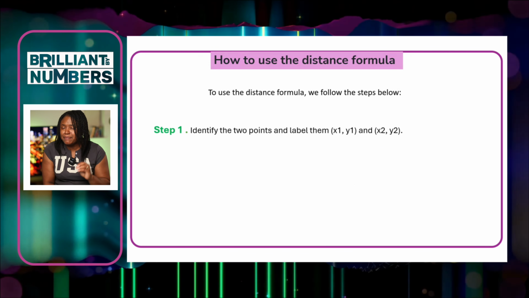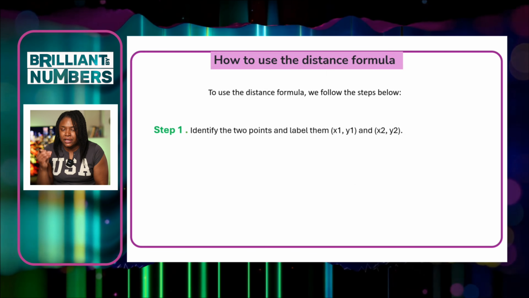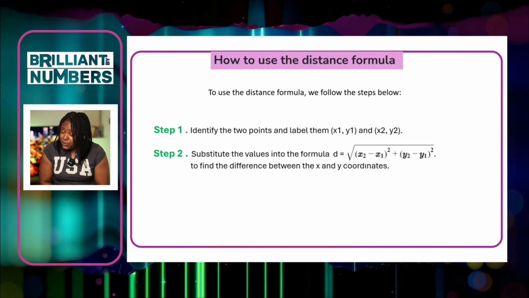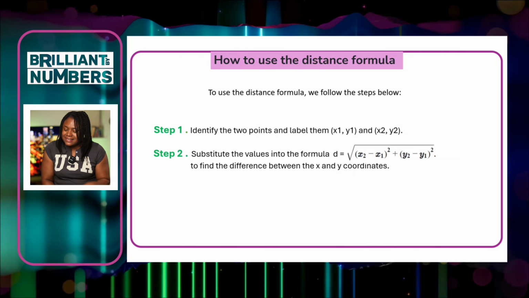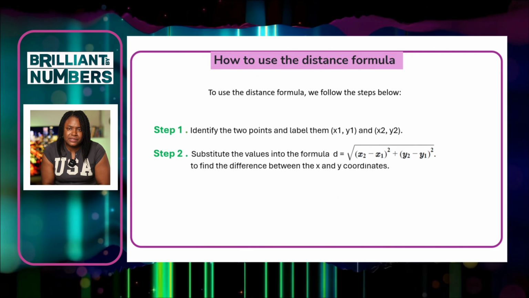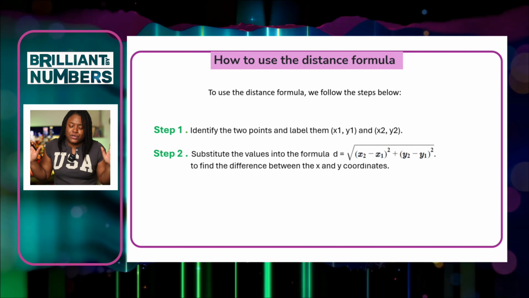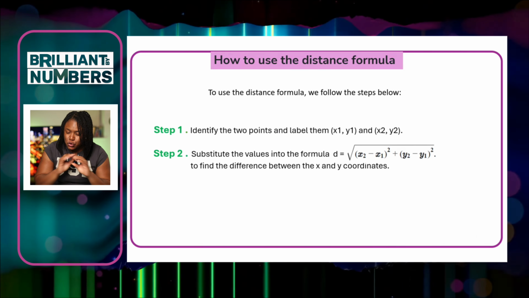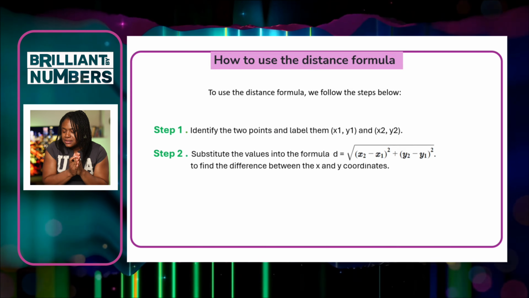We will label them x1, y1 and x2, y2. That's the first step. Step 2 is to substitute the values into the distance formula. So it's very important to know your distance formula. But when I put the diagram up, I'll also show you how you could still use the distance formula, but use it in the form just of the straight Pythagoras theorem. And then we will find the difference between them.